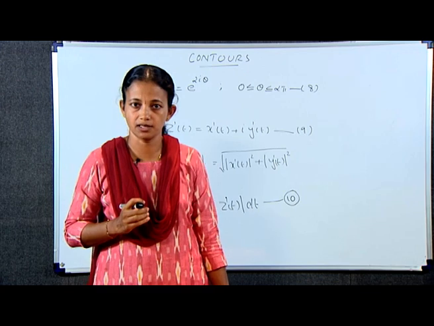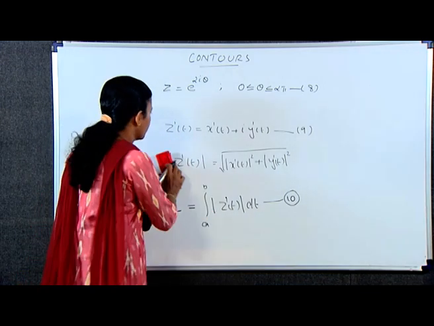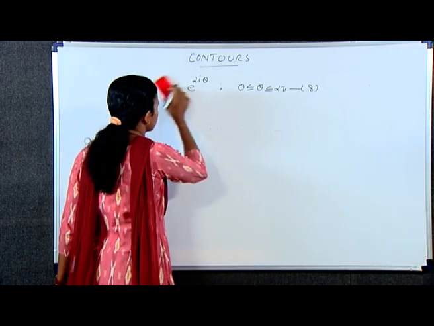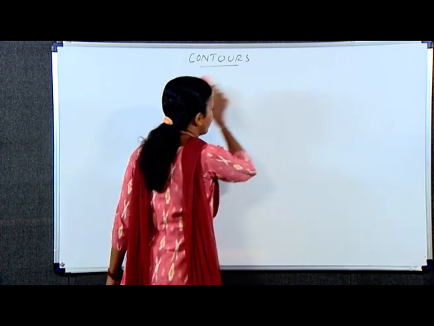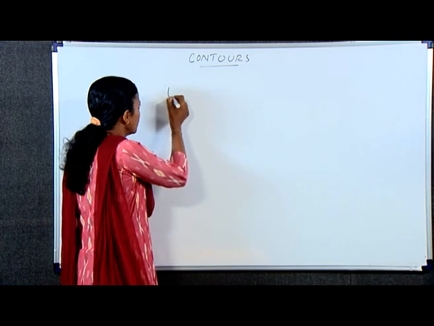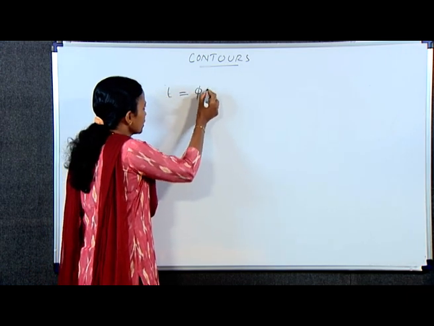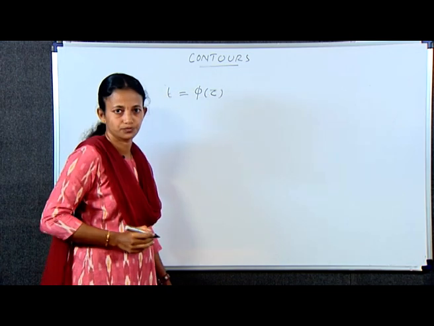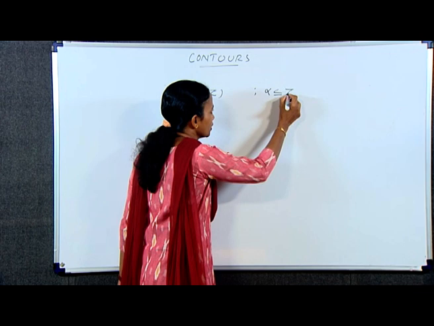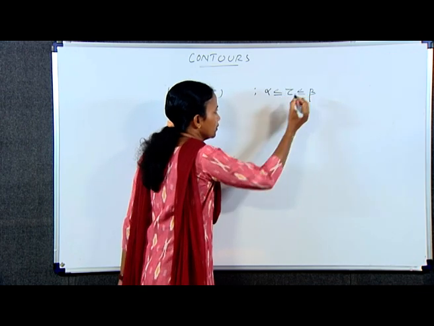To be specific, suppose that t is equal to phi of tau. Here tau varies from alpha less than or equal to tau less than or equal to beta.